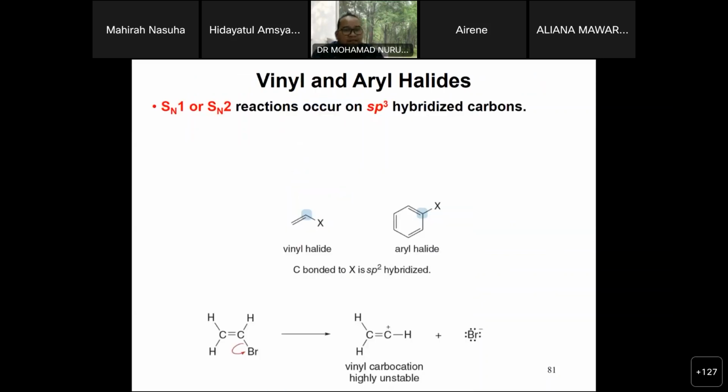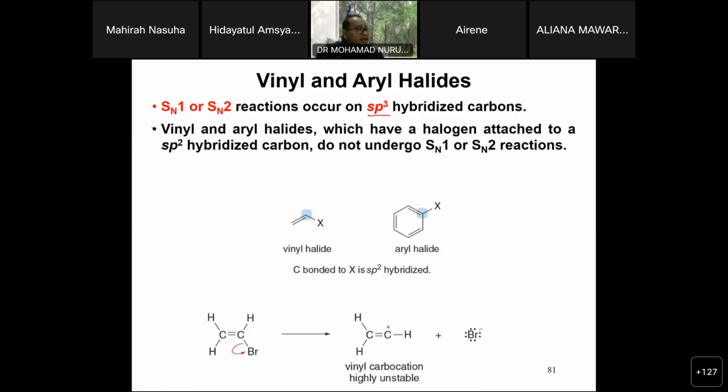For vinyl and aryl halides, this is a very different topic. You have to understand this one: SN1 and SN2 reactions occur only at sp3 hybridized carbon.